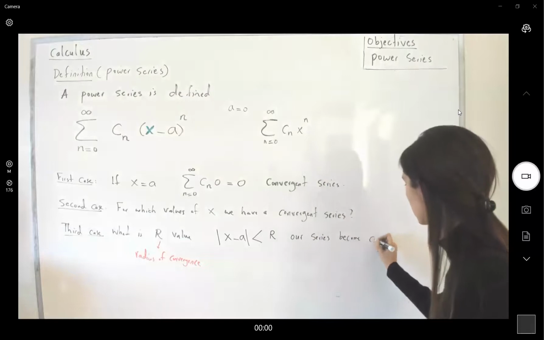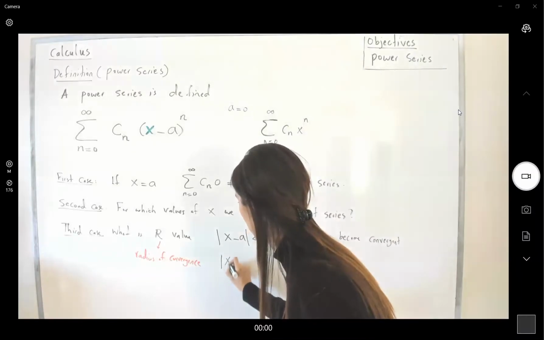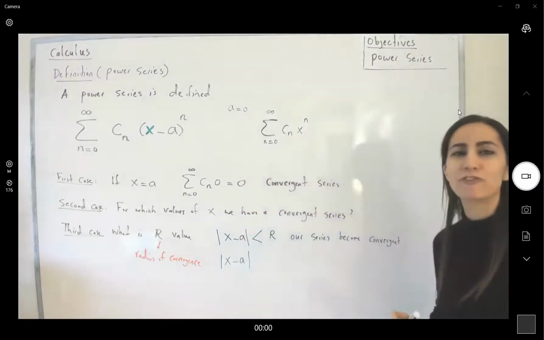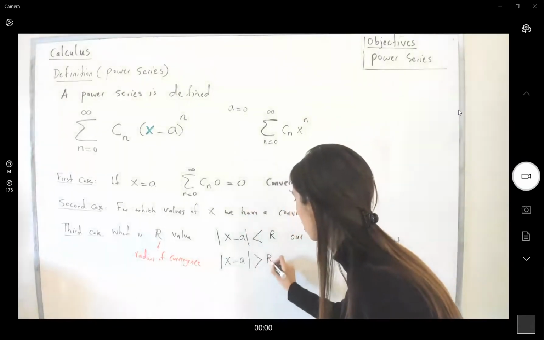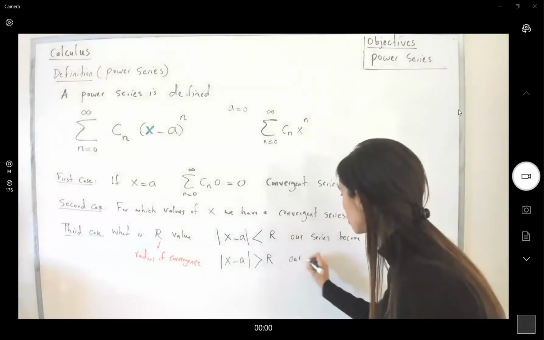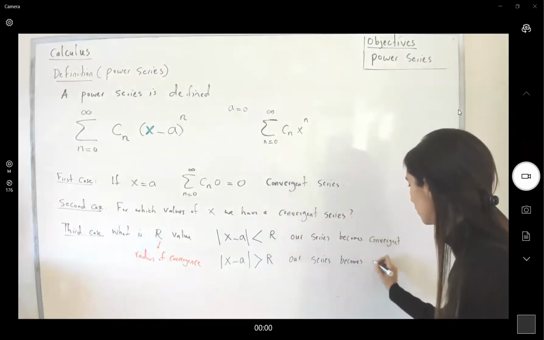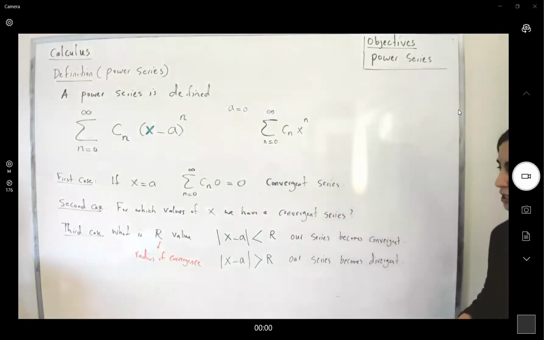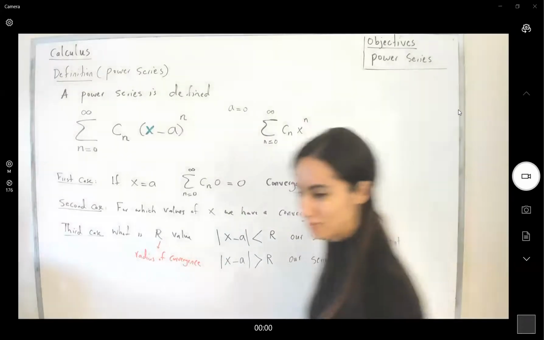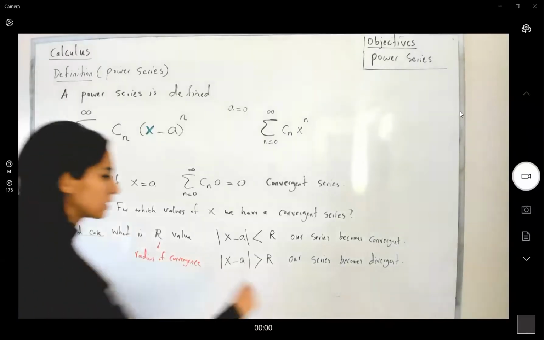And when x goes far away from a, the distance is getting larger and larger, our series becomes divergent. So we're interested in these scenarios. Let's take a look at one example.